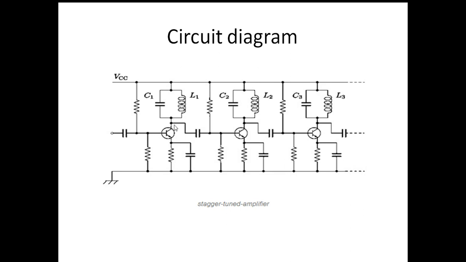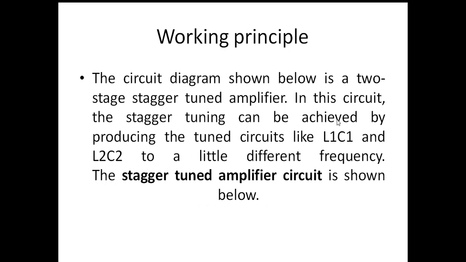This output is coupled to the next stage through a capacitor, and for the next stage, the output can be measured across L2C2, the second tuning circuit network, and so on. So this is the multi-stage tuned circuit amplifier.